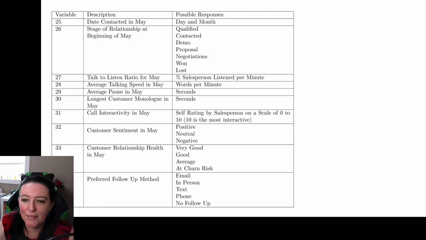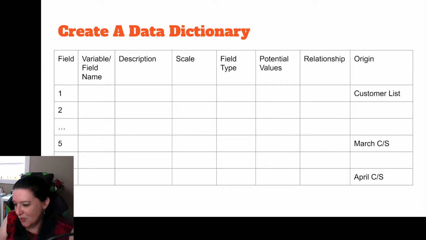How positive, negative, or neutral did they feel the customer was? So we're combining data from different sources, some that are sensor-based, some that are the salesperson, and so we have multiple sources here. We are rating the customer relationship health, and then also the customer is providing their preferred follow-up method, and we have that for each. So we can create a data dictionary.